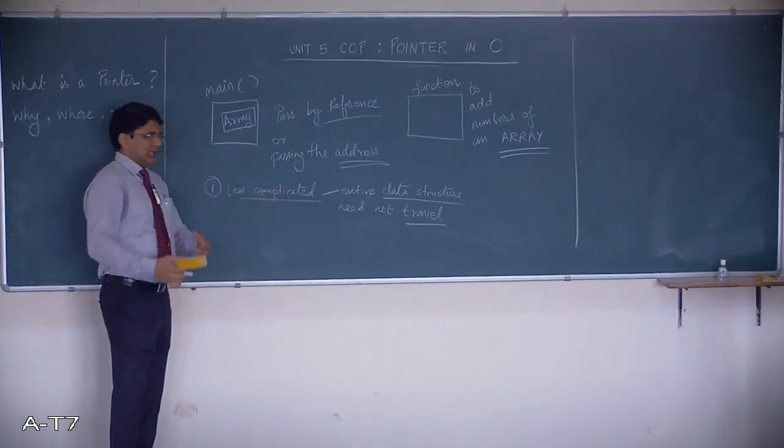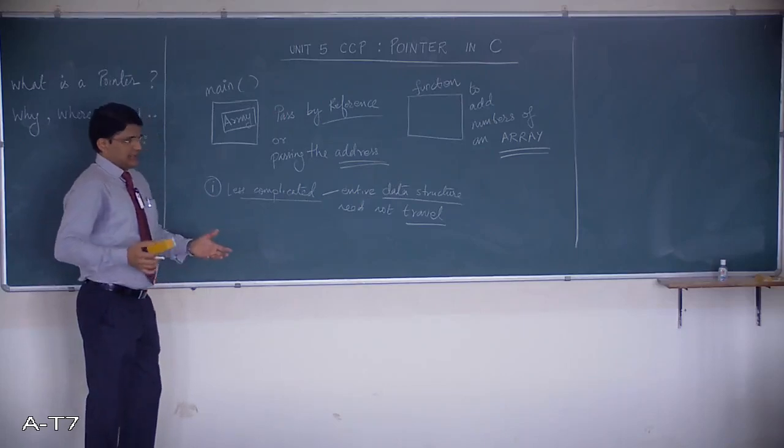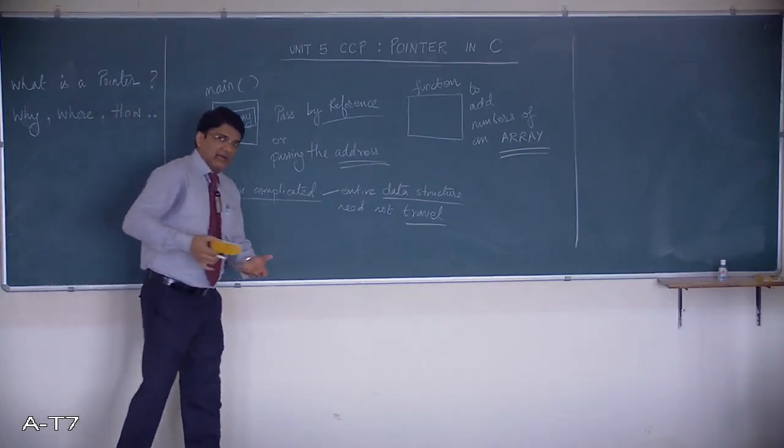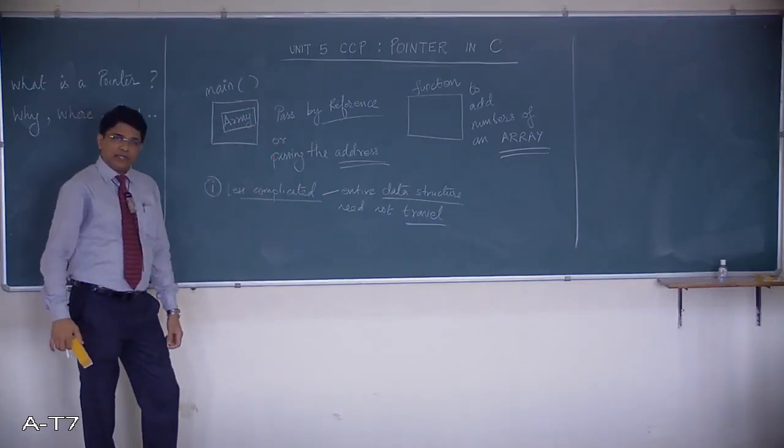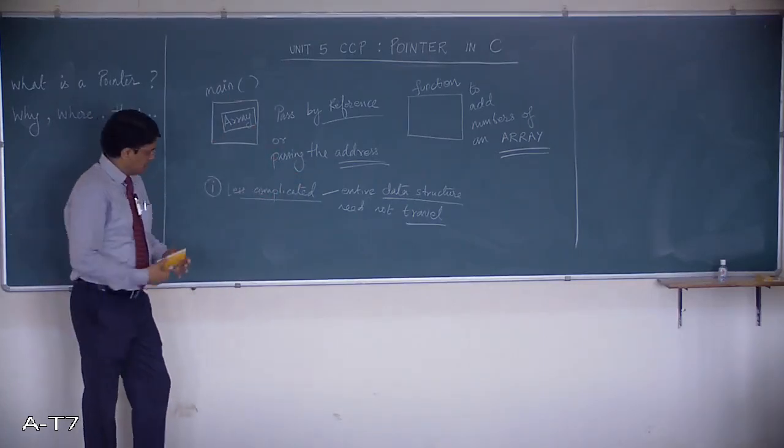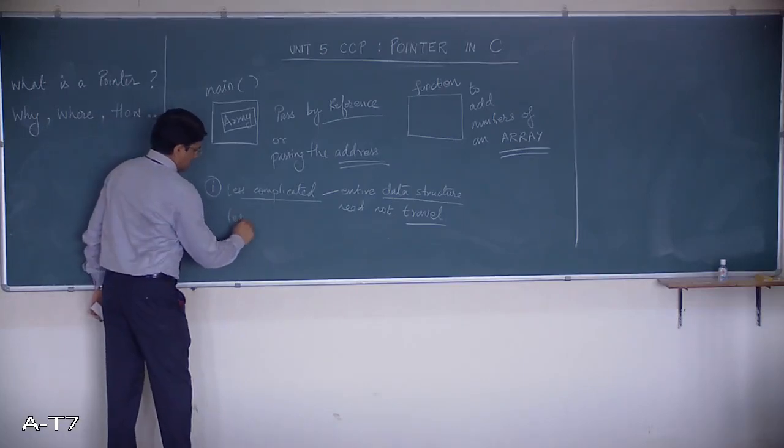Imagine you have 1,000 numbers and you have a huge array. The entire 1,000 number array having to be copied by the function into some other area in the memory. It will take time, so you're trying to save time.